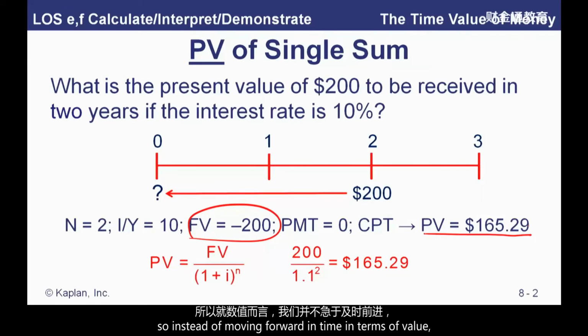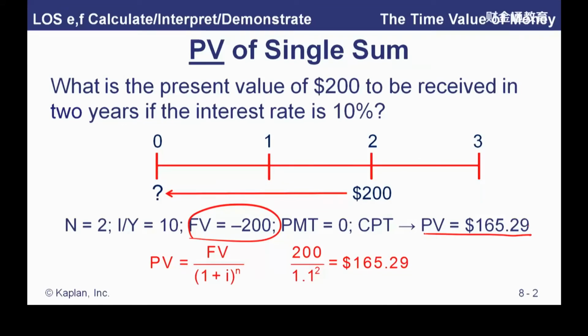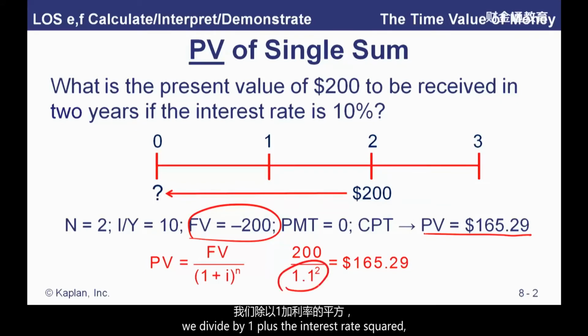So instead of moving forward in time in terms of value, we're moving backwards in time to the present. Since it's 2 periods, we divide by 1 plus the interest rate squared and find out that if we put $165.29 in the bank today at 10% compounded annually, at the end of 2 years, the value would be 200.